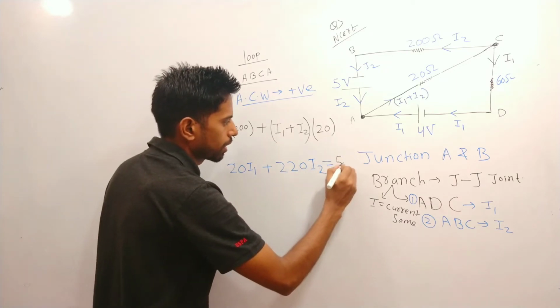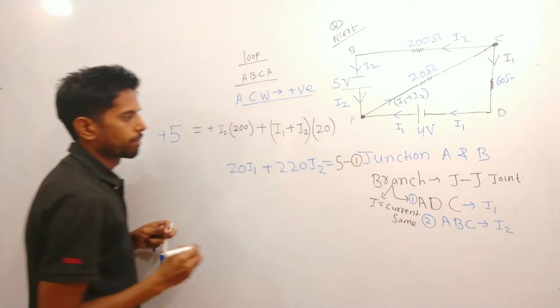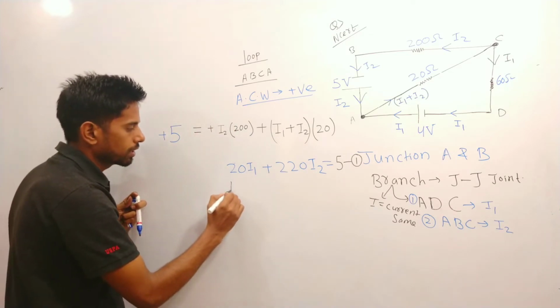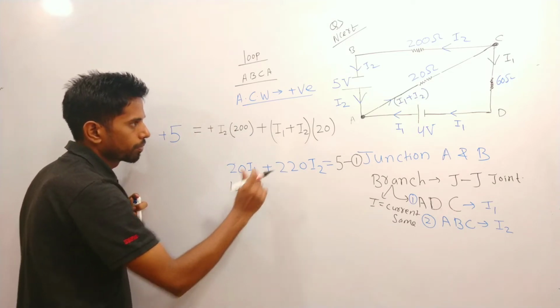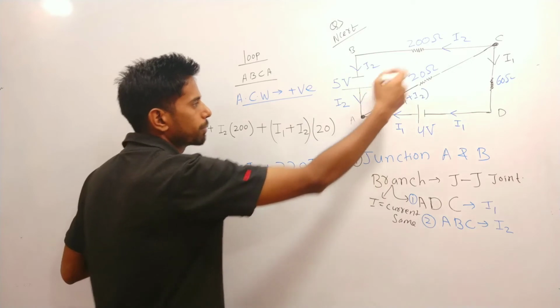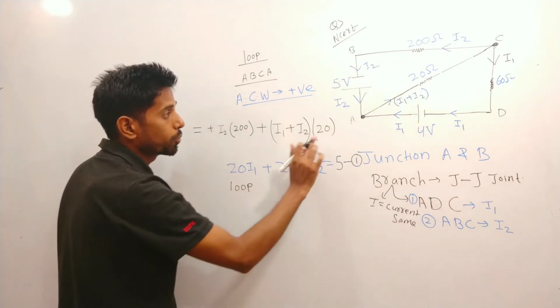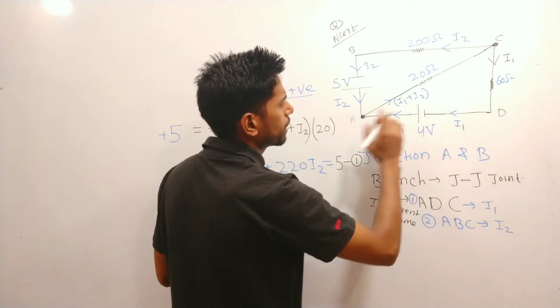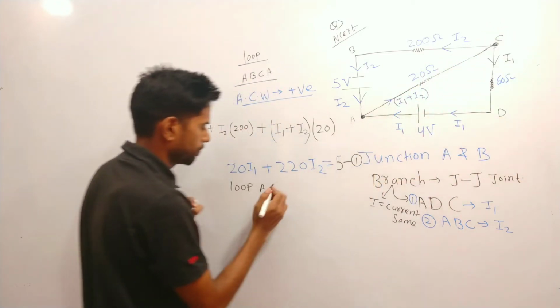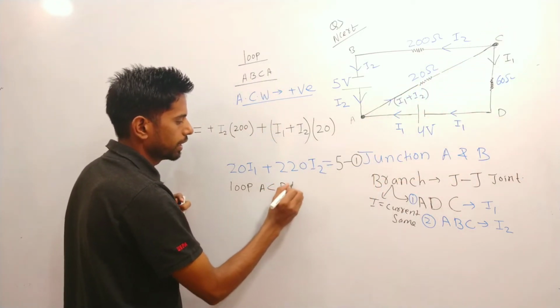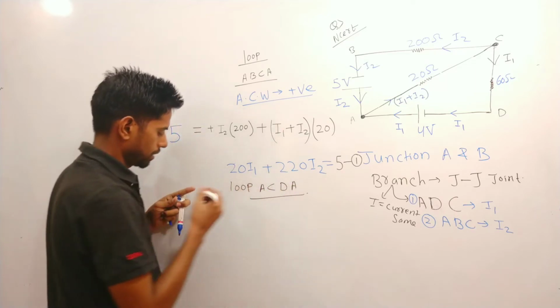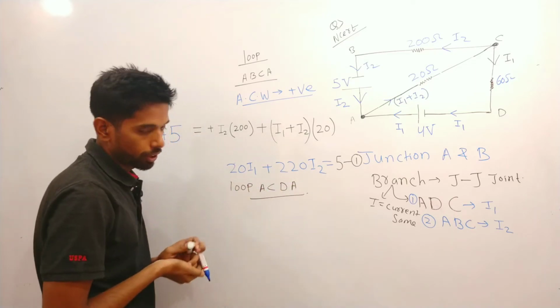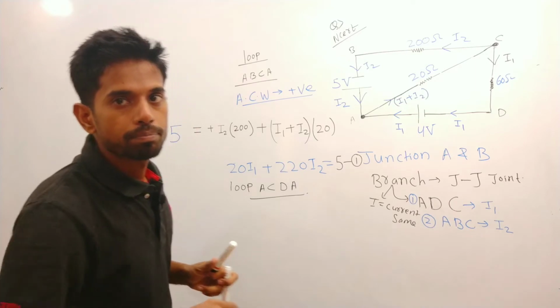This is equation number 1. Now again loop 2. Current, 2 variables, that's why we have to consider 2 loops. Loop 2, we can take any one, A, C, D, A. Same, clockwise positive, anti-clockwise negative.